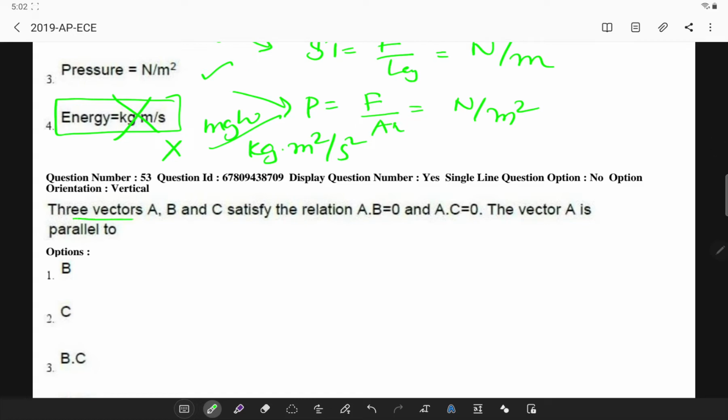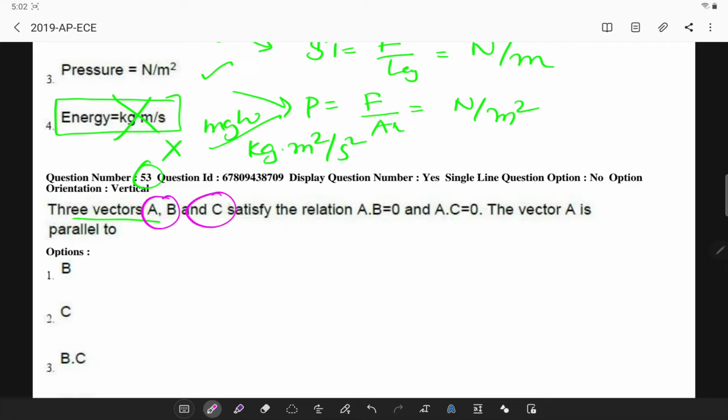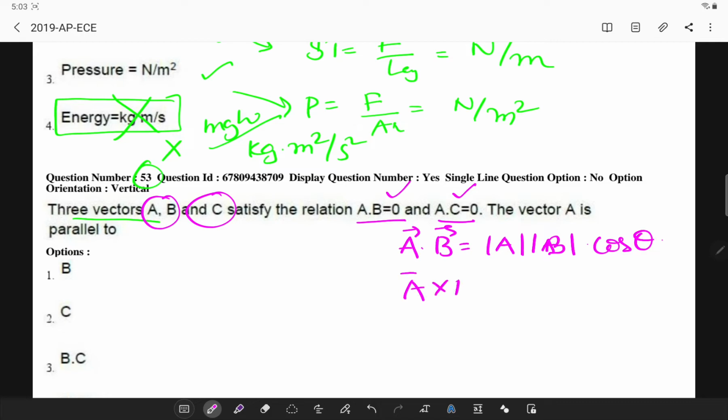So next we have three vectors a, b, c, and they satisfy the relation a dot b is equal to 0 and a dot c is equal to 0. Students have to remember the dot product of two vectors a and b is magnitude of a into magnitude of b into cos theta, and a cross b is magnitude of a into magnitude of b into sin theta.